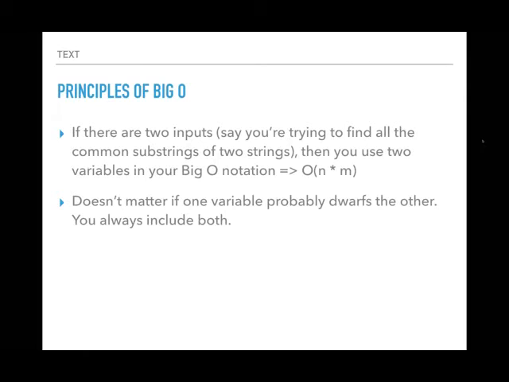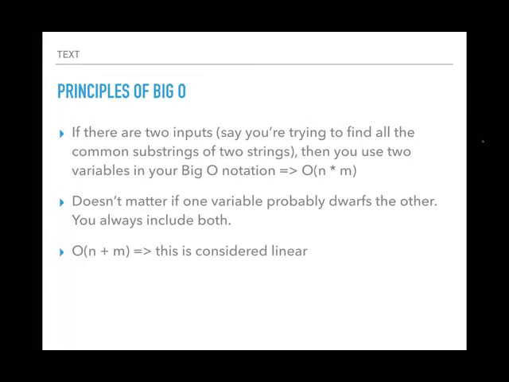You represent it as O(n times m). It doesn't matter if one variable probably dwarfs the other, okay? Unless it's for certain that one variable is bigger or more dominant than the other, you always include both factors in your big O notation. So anytime that you have two inputs and you don't know for sure that one is smaller, include both.